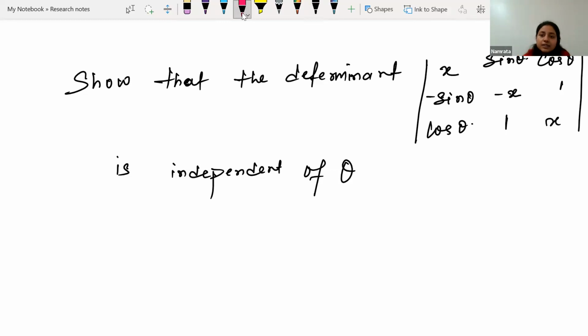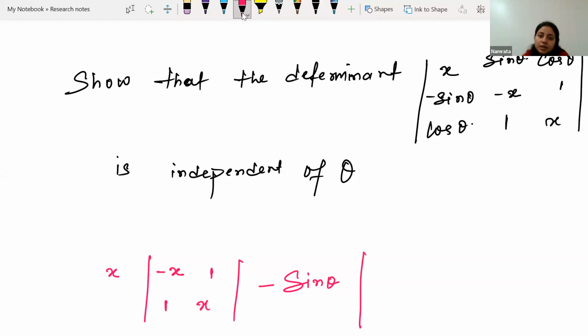So we have x, sine theta, cos theta. Let's expand it by taking the first row only, which we always take in general. Here we'll be taking minus sine theta, and it will be minus sine theta cos theta. If you are not getting how I am writing this term, please let me know. I am just covering this row and this column.